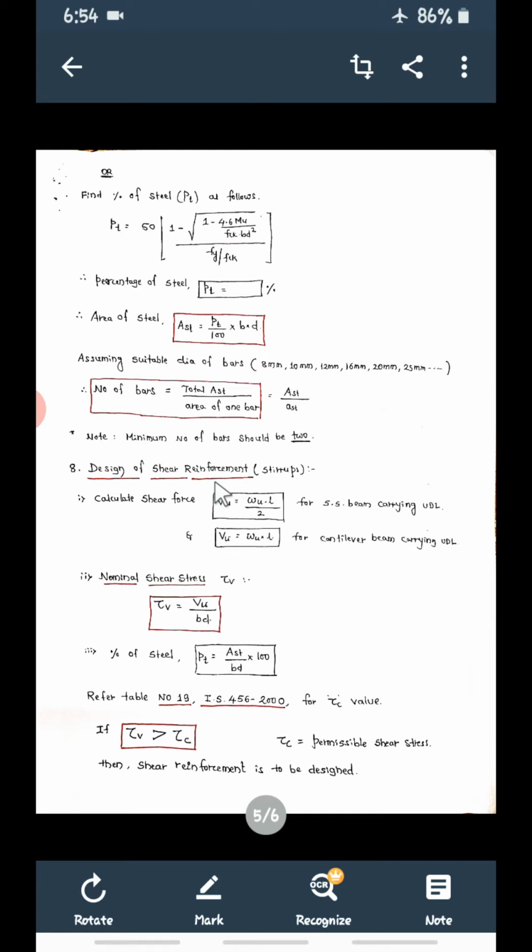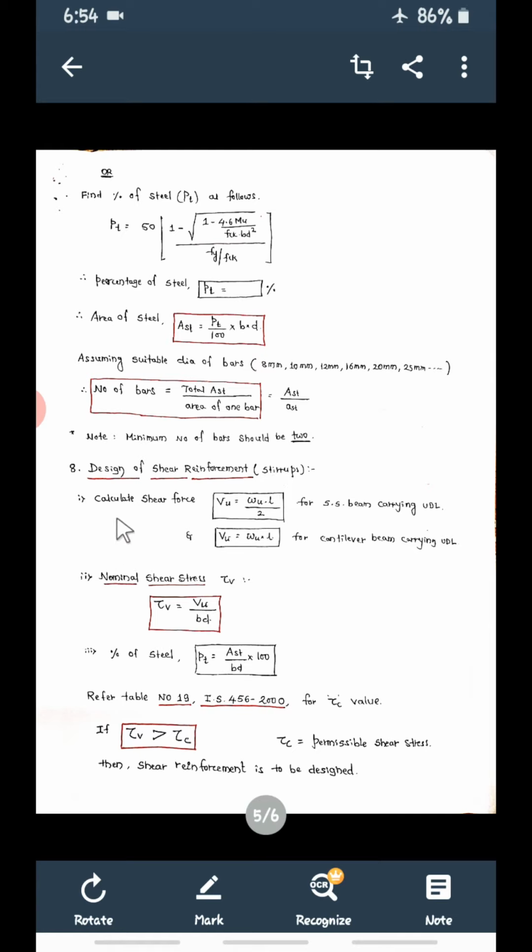Where is the shear force maximum? Shear force will be maximum at the supports, both supports. Because of shear forces, shear stresses will be there, so to take these shear stresses, shear reinforcement in the form of stirrups is required. Then we are going to check how to determine whether shear reinforcement is required or not.